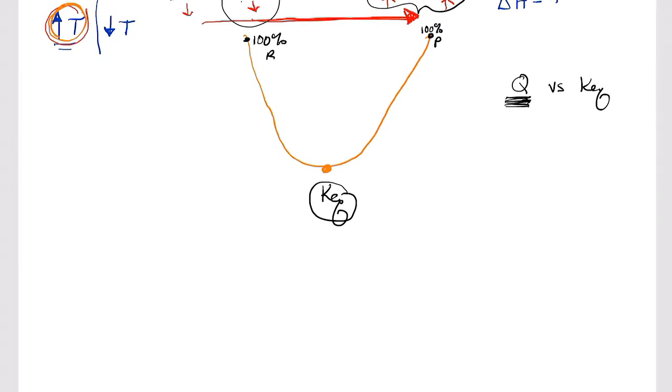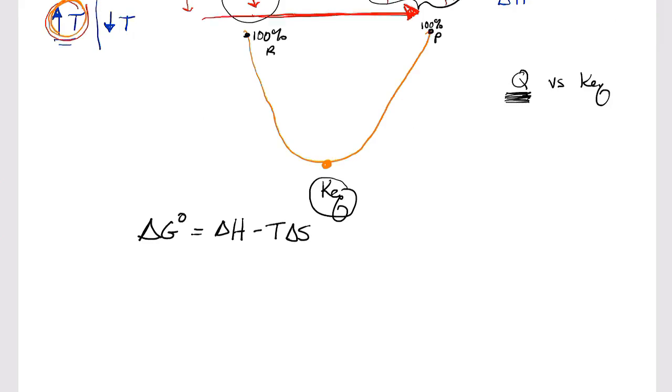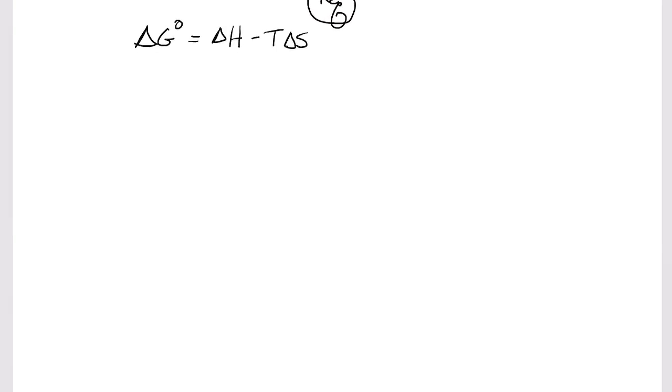So what do we know? We know that delta G standard conditions is equal to delta H minus T delta S. This is because of constant pressure and constant temperature.